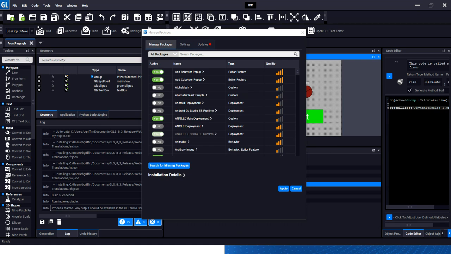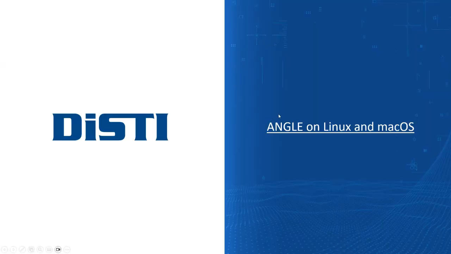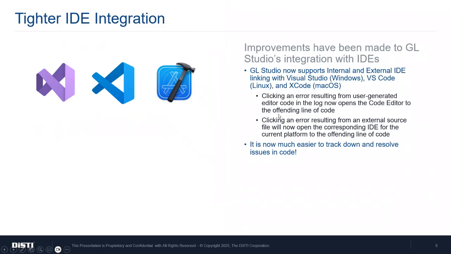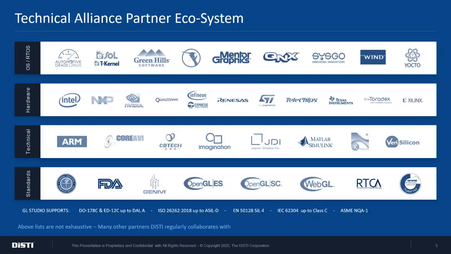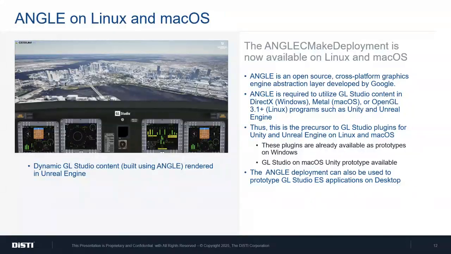Yeah. And on the slide, we did have a picture of some GL Studio displays in an Unreal application. So on the slides, we did have that. Yes, this is an Unreal environment for this demo that we're showing.